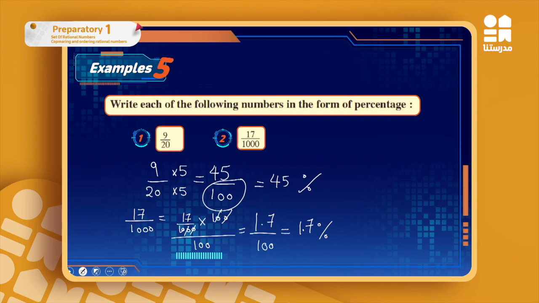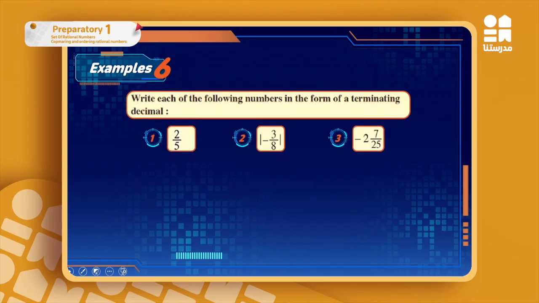Next, example 6. Write each of the following numbers in the form of a terminating decimal. What does a terminating decimal mean? Here we have to write the denominator as 10, 100, 1000, and so on, powers of 10. In the first case, it's 2 over 5.